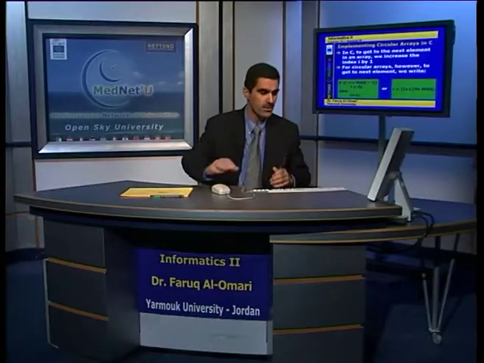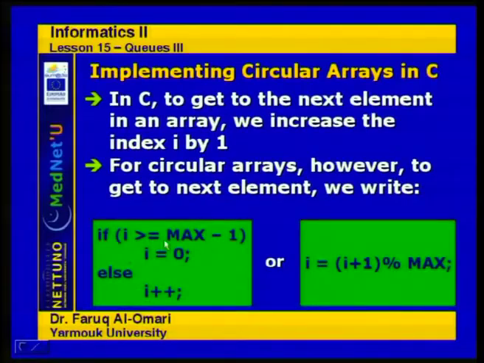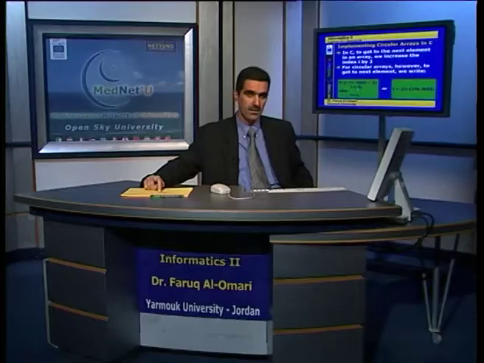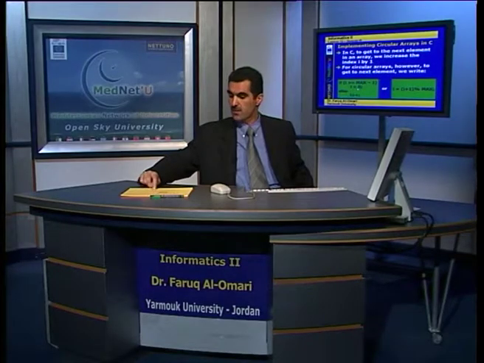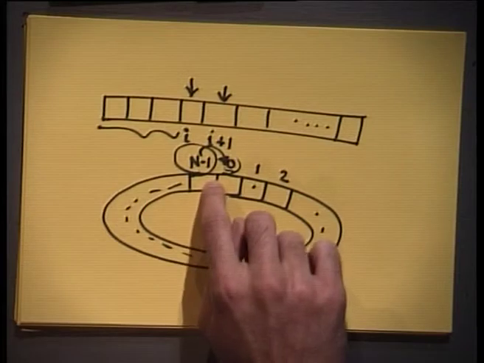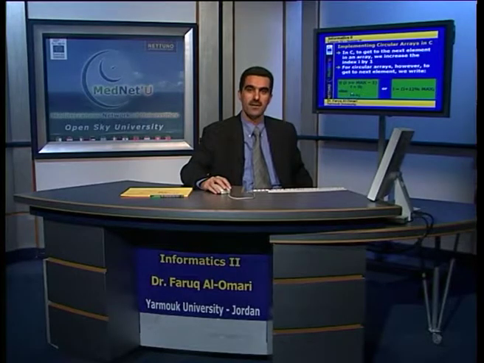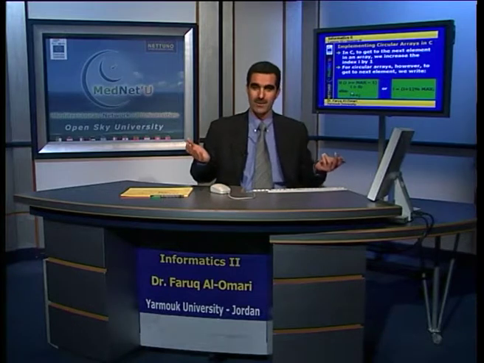So if I reach that limit, then I equals 0, and that means go to this position again, circulate again. Otherwise, if you're anywhere in the middle of your array, you just simply increment your index. So it's a simple way of doing it.